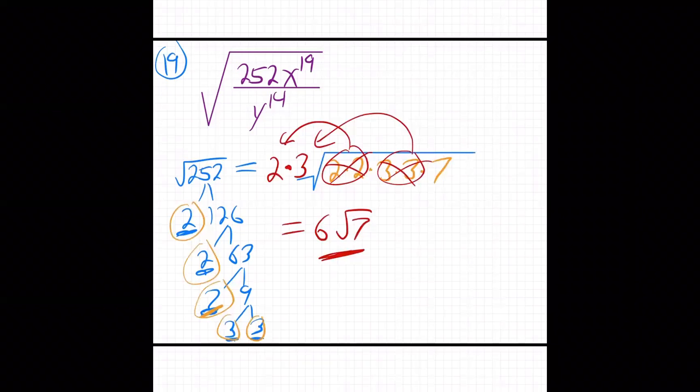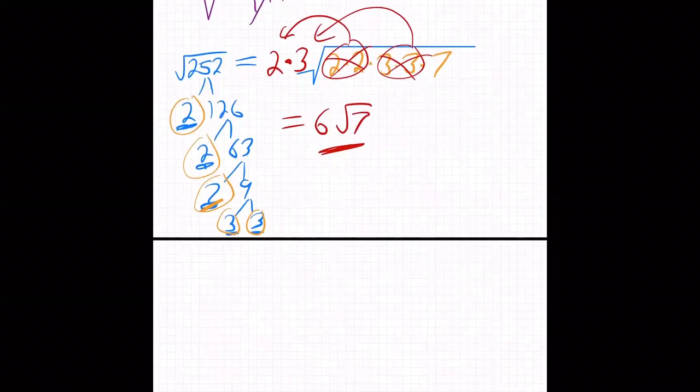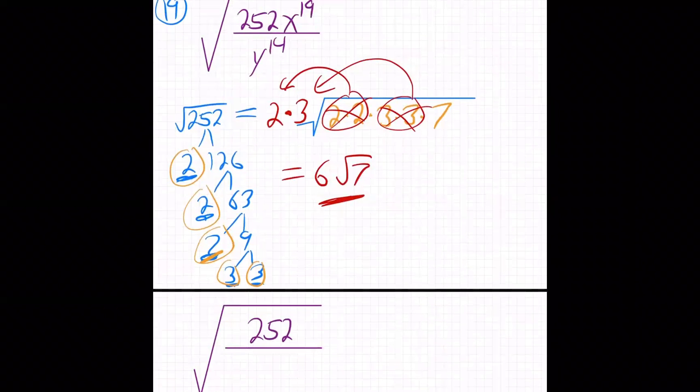So let me just bring this problem down here again. So we have the square root of, and what was that? It was 252 x to the 19th over y to the 14th.